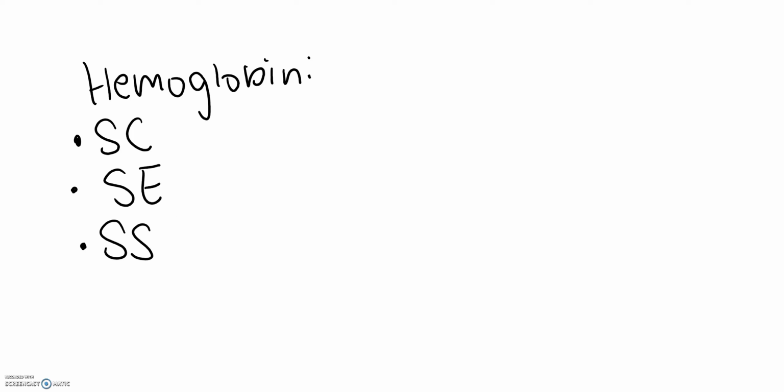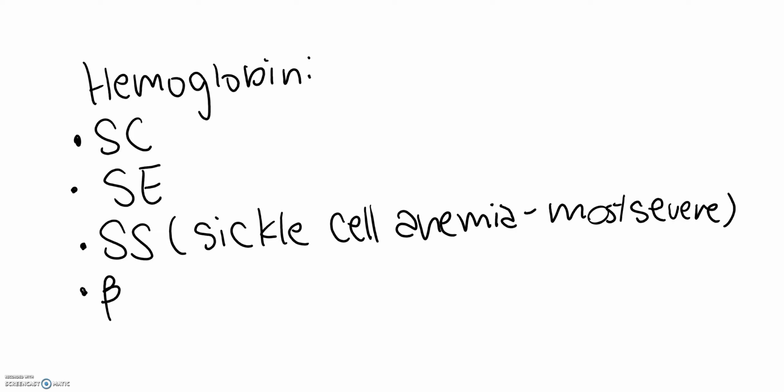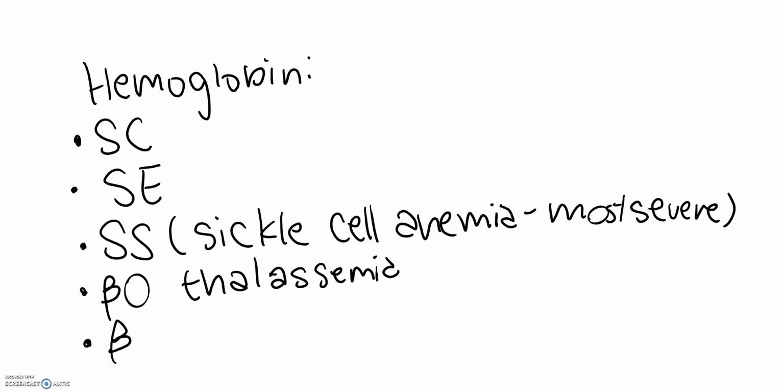So the types of sickle cell disease include hemoglobin SC, SE, SS, or sickle cell anemia, which is the most severe type, beta zero thalassemia, and beta thalassemia.